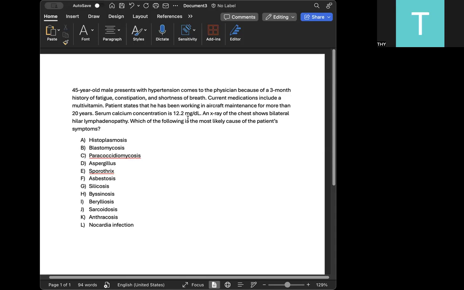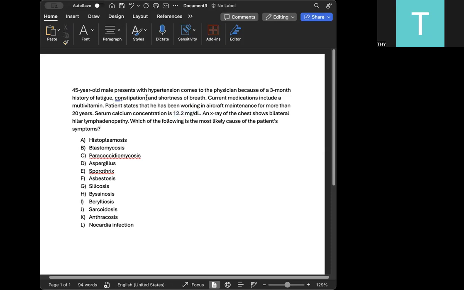The 1 alpha hydroxylase allows for vitamin D activation, calcitriol production. That's activated vitamin D, which is sent to the kidney and intestines to reabsorb calcium. This is why the calcium is elevated here.